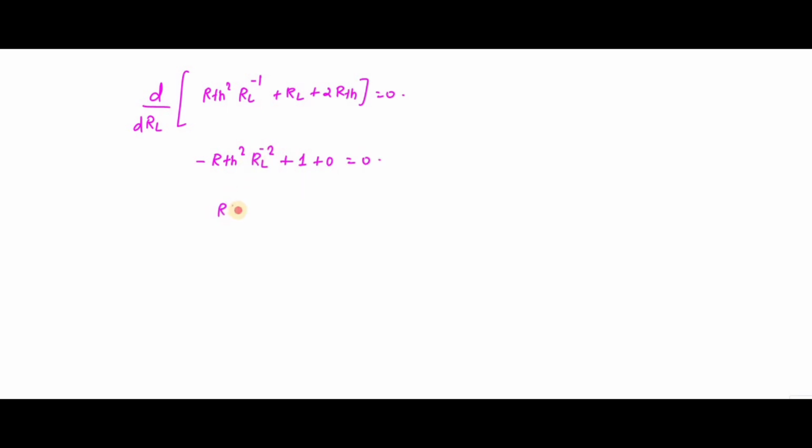So RTH square divided by RL square is equal to 1. So RTH square is equal to RL square. Therefore RTH is equal to plus or minus RL. So the maximum power will be delivered only when the Thevenin resistance, that is the equivalent resistance of the given circuit, is equal to the load resistance.